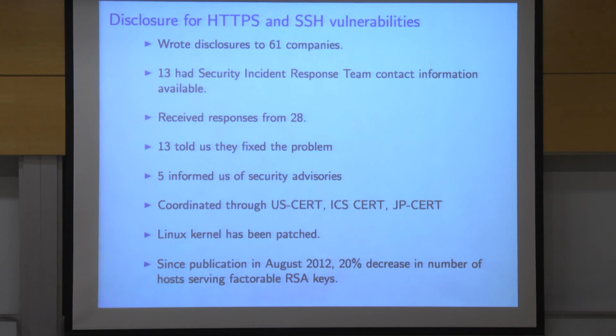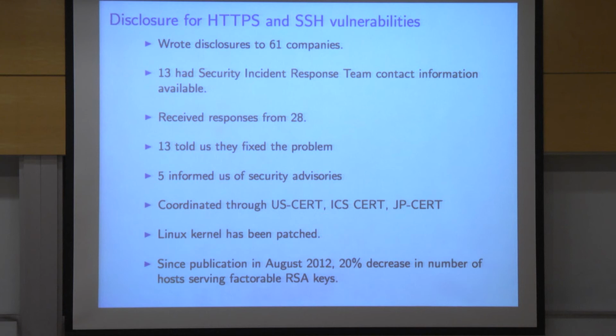Of these 61 companies that we tried to contact, 13 of them actually had some kind of security team contact information available. So in all the other cases, we just had to guess how we were going to contact this company. We received responses from 28 of these companies, so less than half of them ever got back to us in any capacity whatsoever.